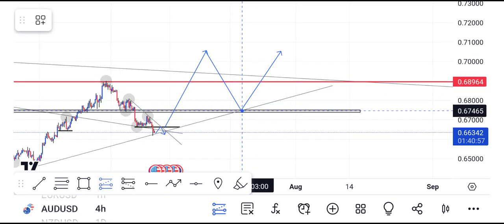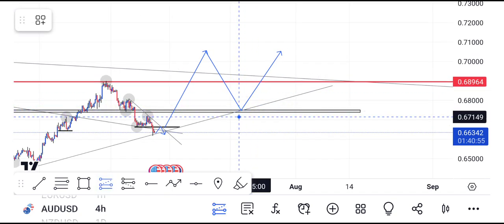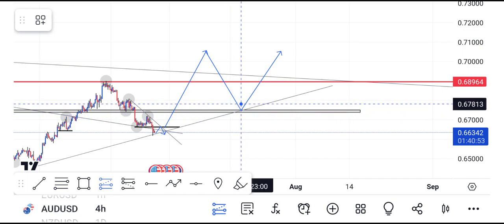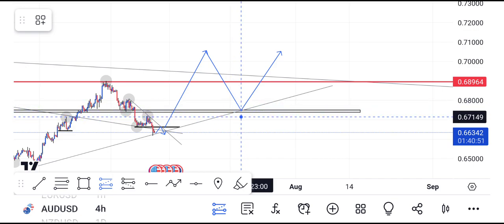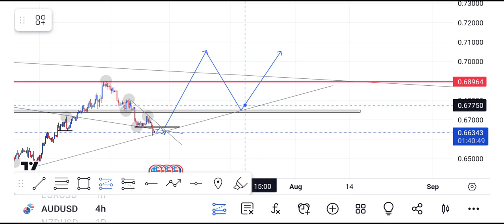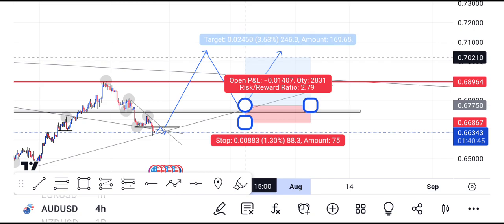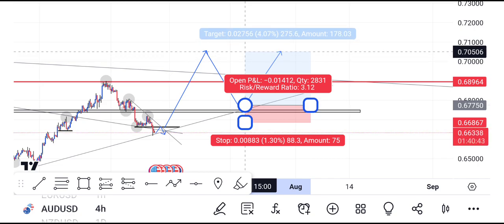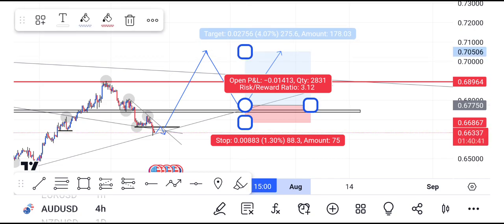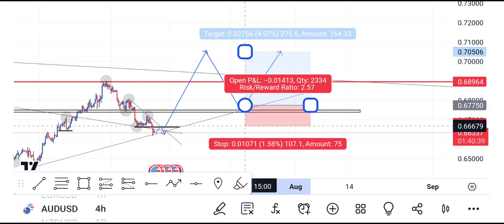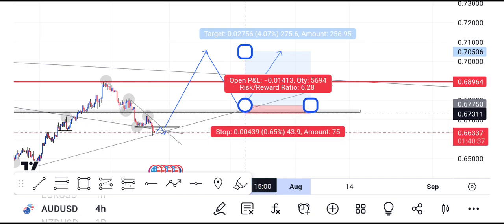So once price reaches here, you're going to wait for candlestick confirmation. Obviously I won't enter exactly here unless we're getting multiple wicks on that level. So let's assume I enter somewhere around here, because I'm going to be looking for an entry on the 15-minute time frame. I target my next high, and then I just go below this level here.